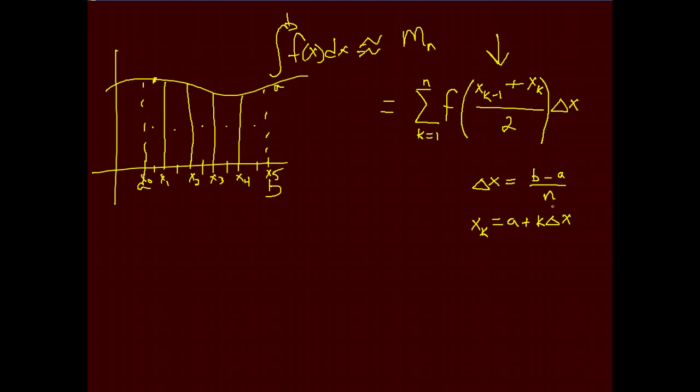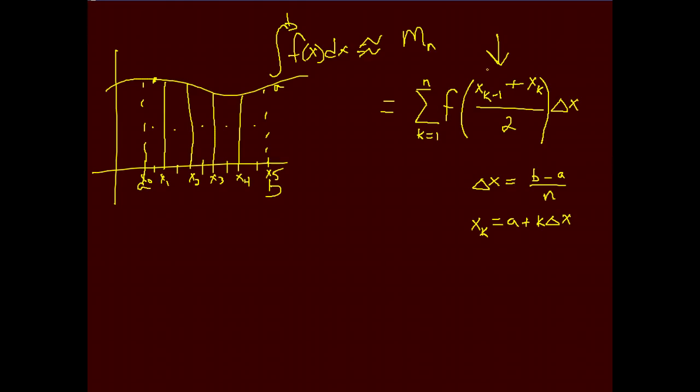So delta x gets smaller as n gets bigger. Right here we only have 5 subintervals, so delta x would be b minus a divided by 5. And x sub k is defined as a, our starting point, plus k times delta x. So how many delta x's are we away from our starting point?